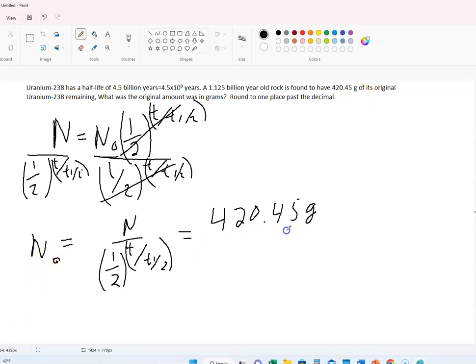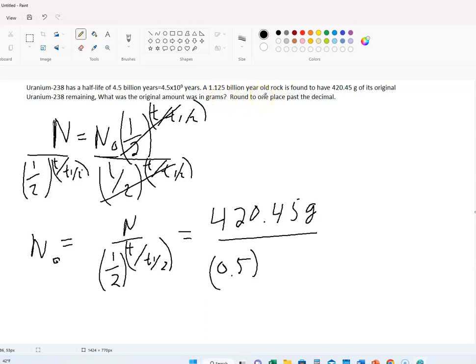We divide by 1/2, which is just 0.5, raised to the amount of time that has gone by divided by the half-life. Now we can put the billions, but I'm going to show you something.